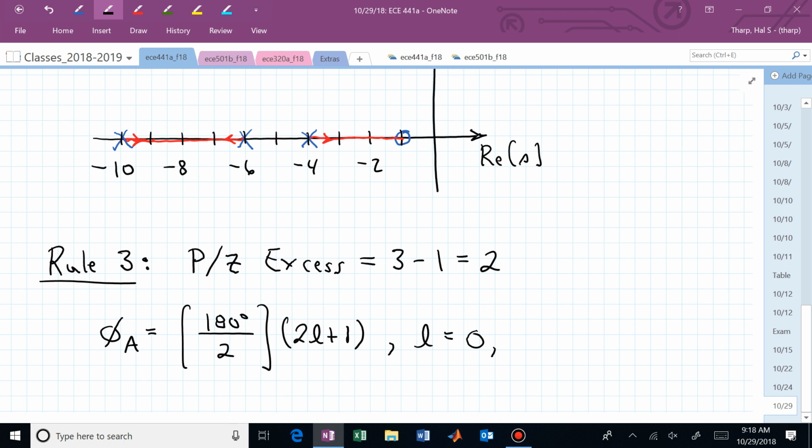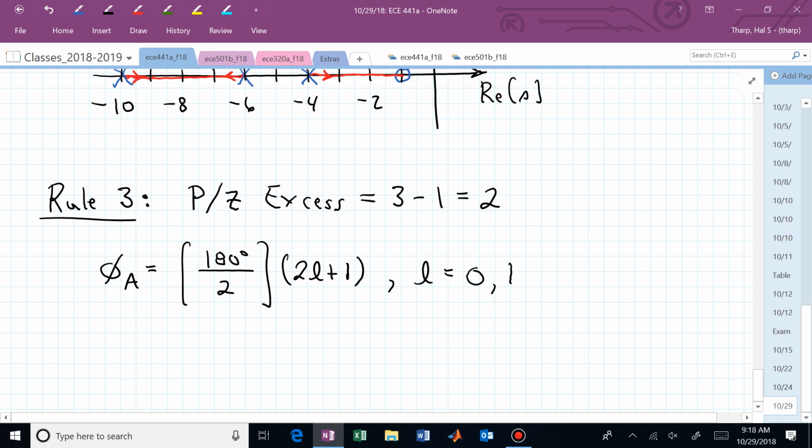And then we keep going up with L until P minus Z minus 1, 2 minus 1, or L equal to 1. So if we plug that L value in here, we have 90 for L equals 0, and we have 270 degrees for L equal 1. Or you might see me just say that's plus and minus 90 degrees for these asymptotes.